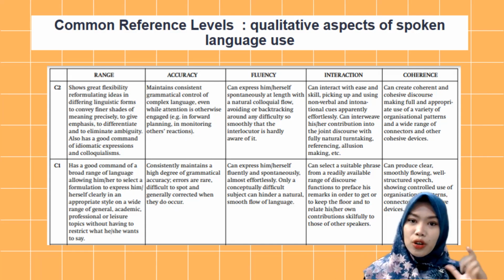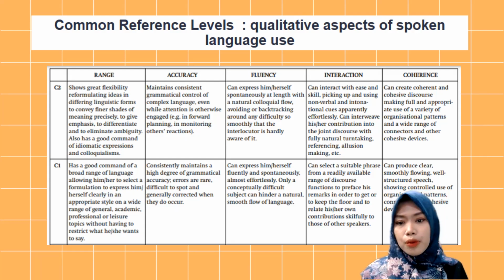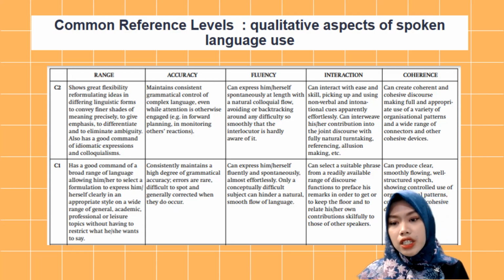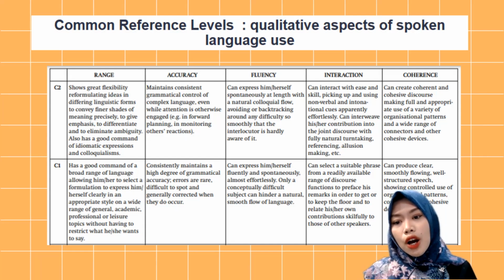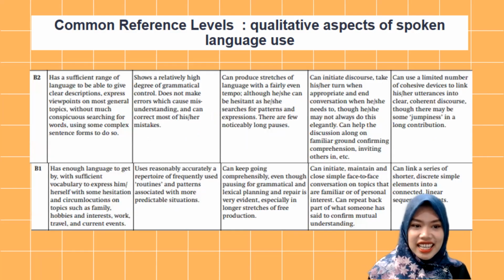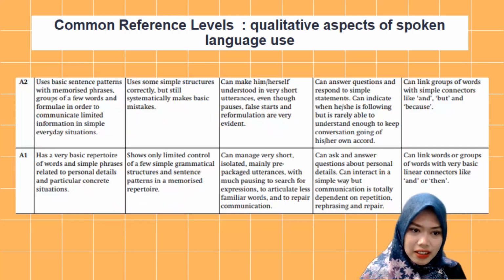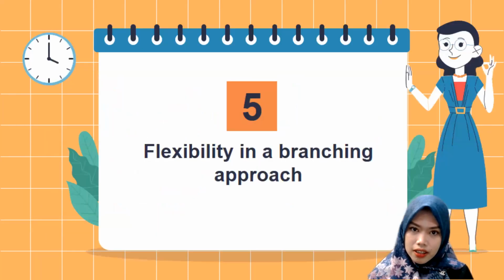This is for C2 or mastery, and the coherence can create coherent and cohesive discourse, making full and appropriate use of a variety of organizational patterns and a wide range of connectors and other cohesive devices. Okay, for B2 and B1, and then the next is for A2 and A1 or the lower stages.